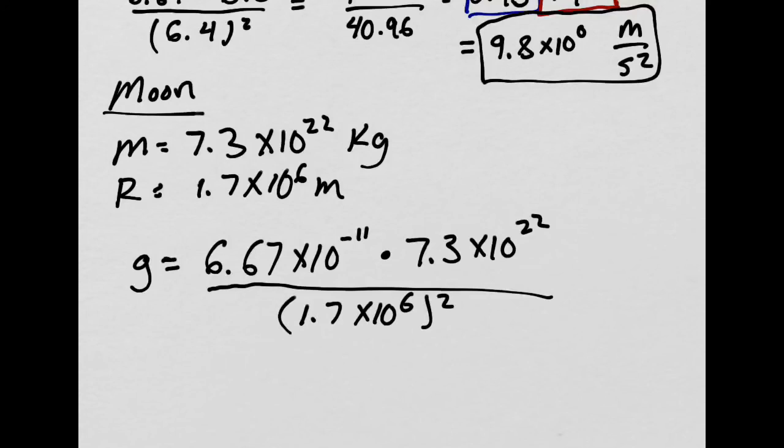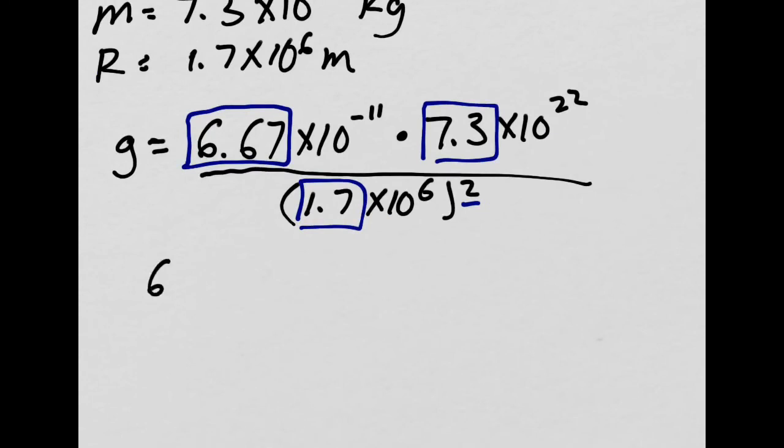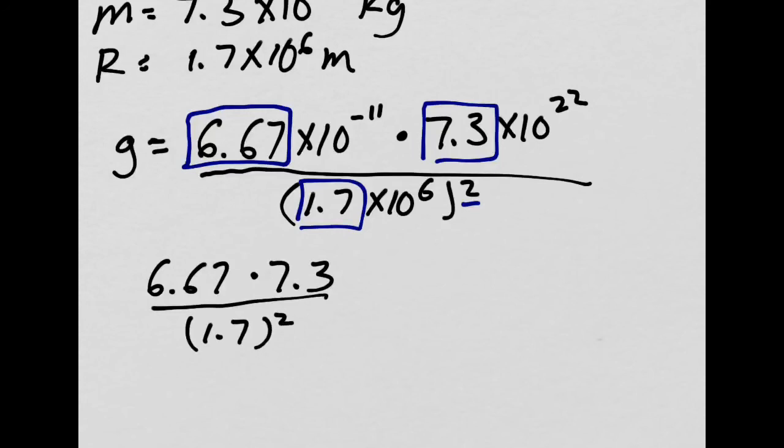So we're going to do the exact same procedure. We have our 6.67, our 7.3, and our 1.7 squared. So our prefix is 6.67 times 7.3, divided by 1.7 squared. Our numerator is 6.67 times 7.3, which is 48.691.